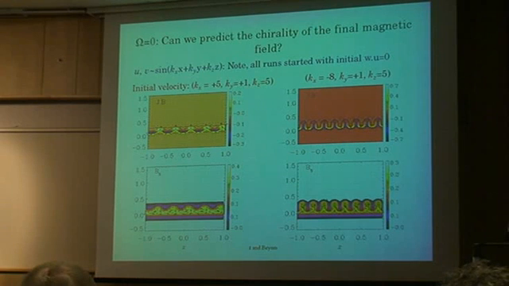So the idea here is we have the same setup, except we have put omega to 0, and we have an initial velocity which varies like sine of kx plus ky plus kz, and we start with two different modes which are exactly the same, but they differ in the sign of this kx here, and I have a different value of kx here.